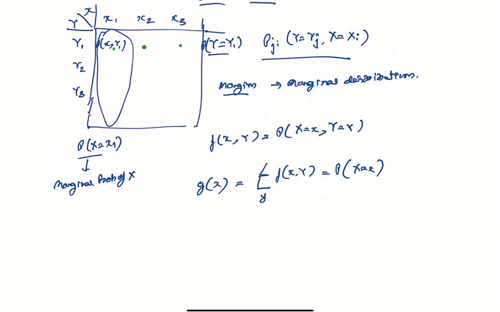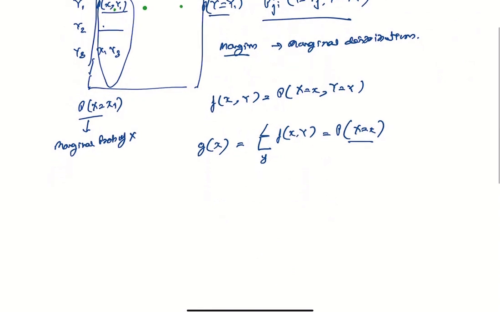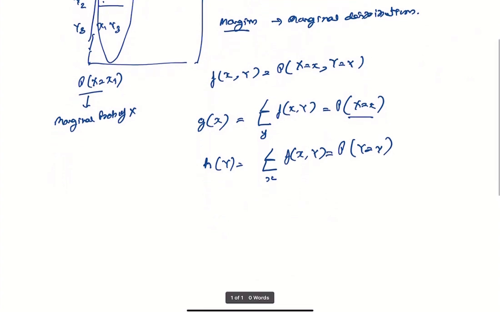For all the values of y, the probability of x, y for the values of y, for x1, y2, x1, y3, for x equal to x, the x remains the same, and that gives you the marginal distribution of x. In the same way, we call h(y) the sum over all values of x of f(x, y) when the probability of y is equal to little y. So this is the marginal distribution.